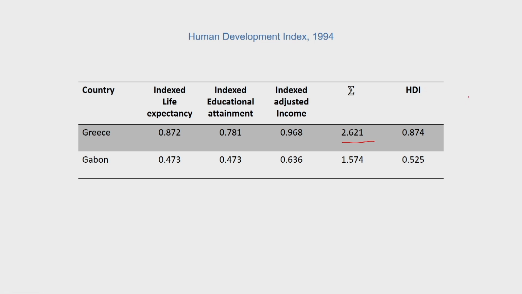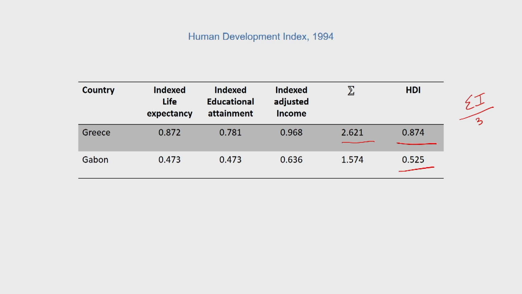And the HDI is basically the summation of all the indices x1, x2, x3 divided by 3, which is basically taking an average, or arithmetic mean, of the indexed life expectancy, educational attainment and adjusted income, and this is the final HDI computation.